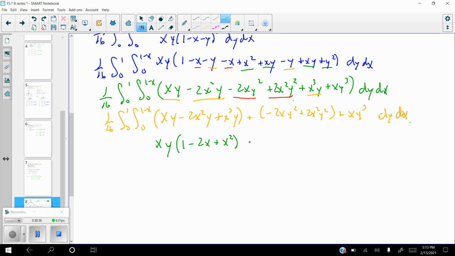And then I can factor a negative 2xy squared, actually. So minus 2xy squared out of this one, which is going to leave us with 1 minus x. And then plus xy cubed.